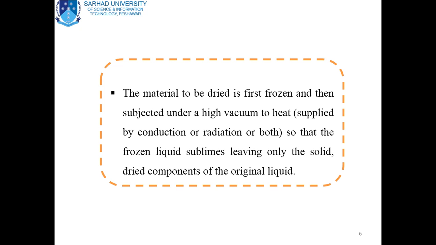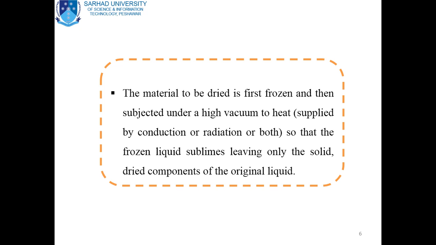and the material to be dried is kept frozen first of all, and then it is subjected to a high vacuum, under a high vacuum, to heat supplied by the process of conduction or radiation or both, and the frozen liquid sublimes, that is, the liquid is in the frozen state, leaving only the solid material.